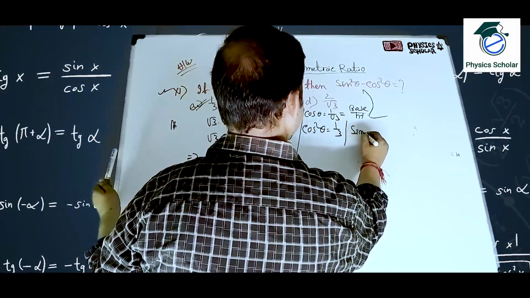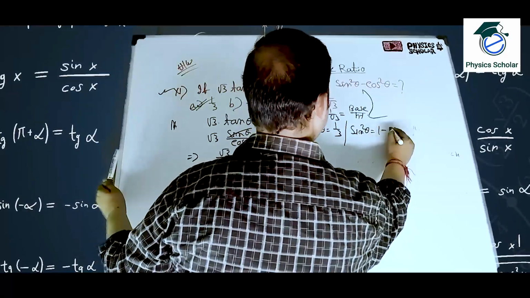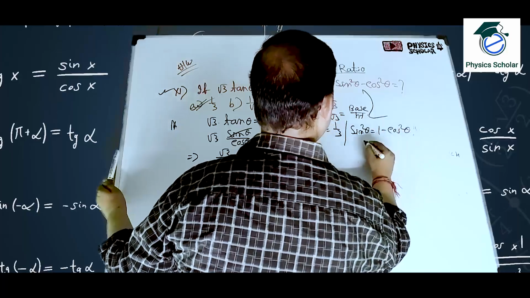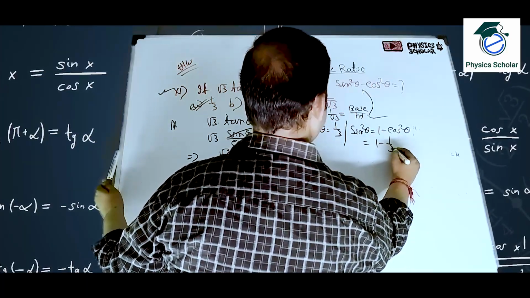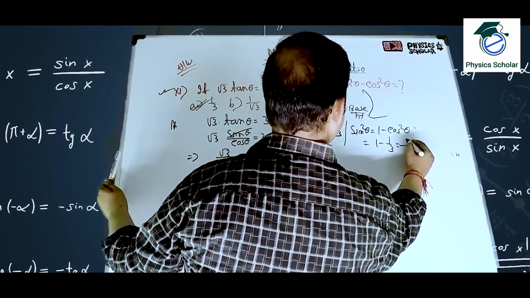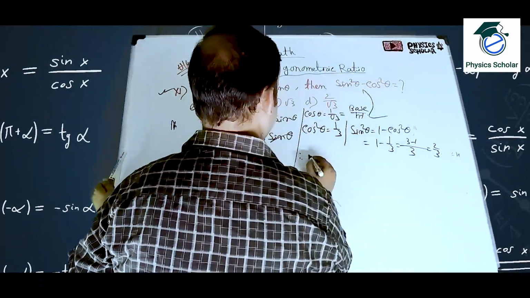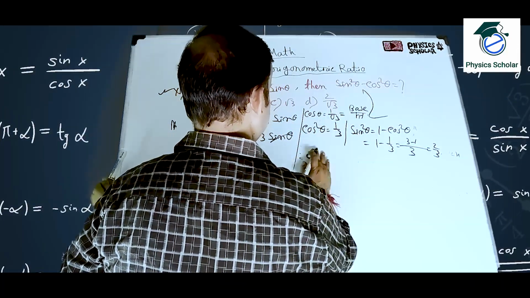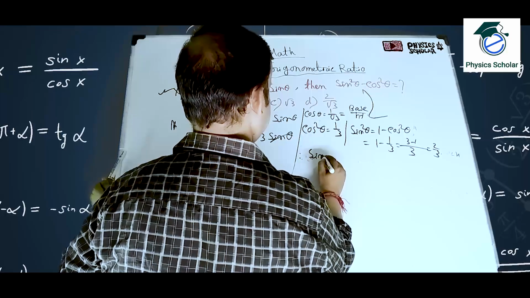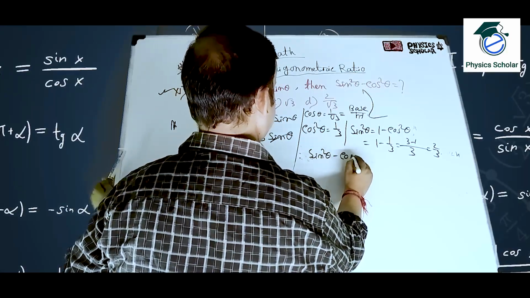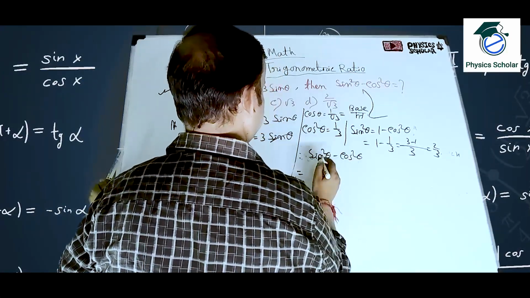So sin square theta is equal to 1 minus cos square theta. So 1 minus 1 by 3, 3 will be the LCM. So 3 minus 1 is equal to 2 by 3. Therefore sin square theta minus cos square theta is equal to sin square means what?